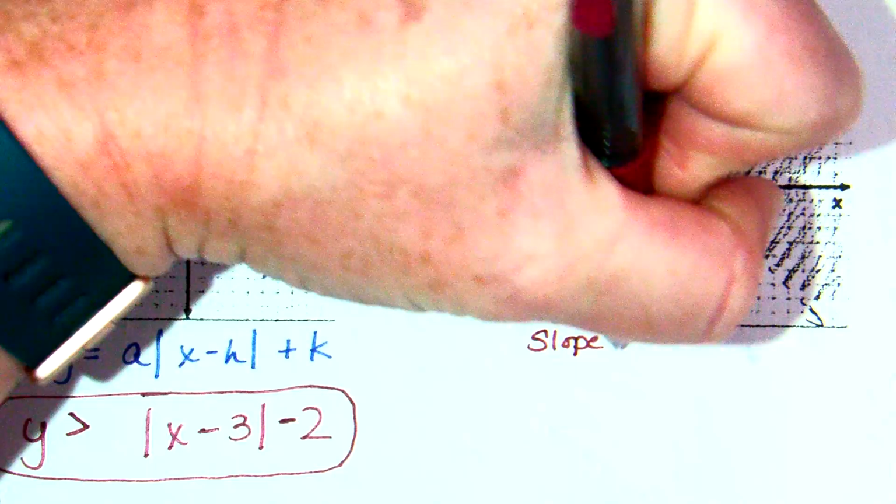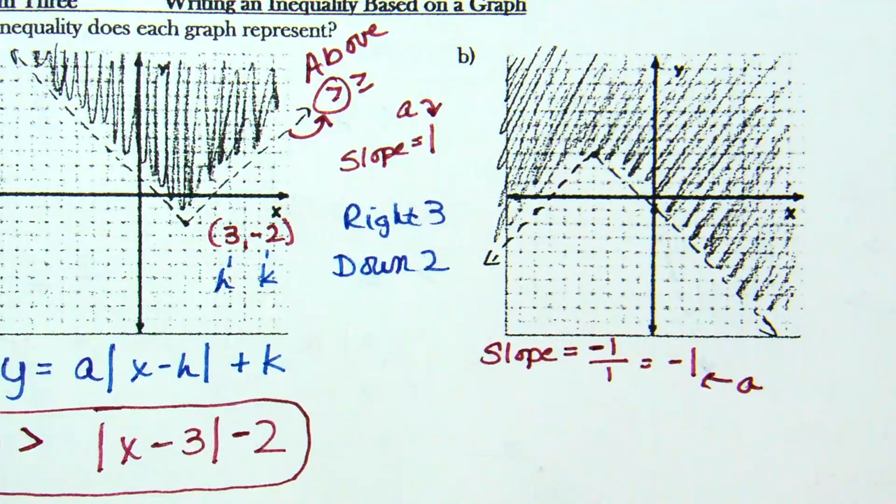And then what kind of sign is this going to be? Where's my shading? Is it above or below? Above. So since my shading is above, it has to be greater than or equal to. What kind of line is this?